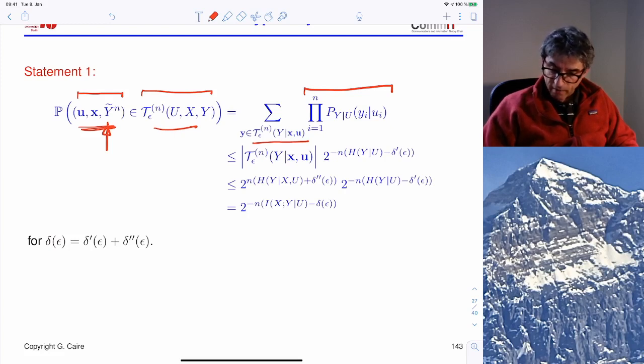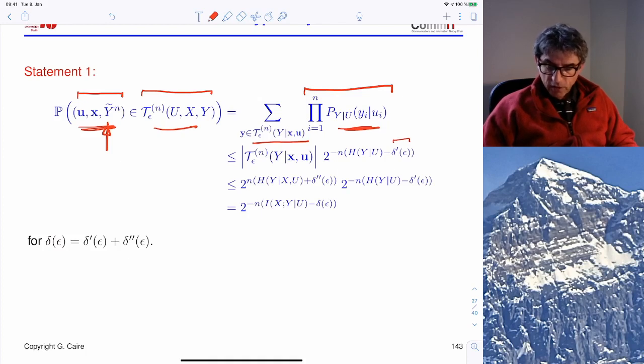Well, those are typical, so the triple x, y, u is typical, in particular y, u typical. We have this uniform upper bound on all these probabilities, which is 2 to the minus n times the conditional entropy of y given u minus some small quantity. I call it delta prime.